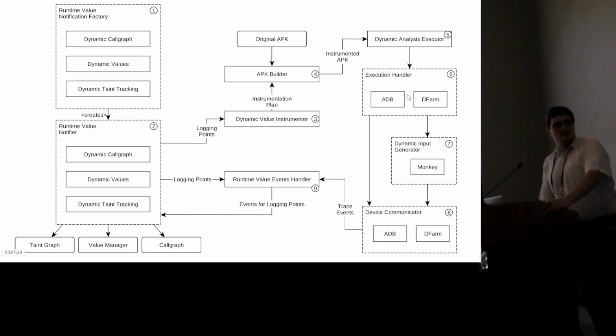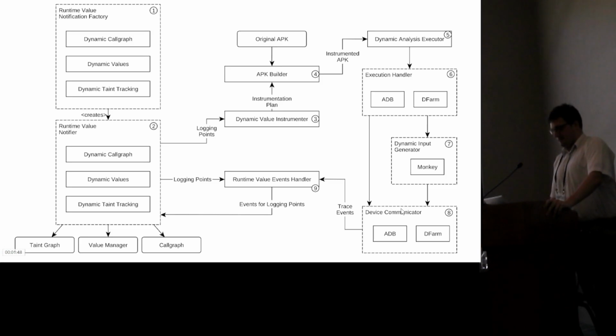And you can decide if you want to interact with the app by yourself, or you can use a dynamic input generator like Monkey in order to click in the app for you, so that you don't have to interact with each single application. The device communicator is instrumented into the app itself, and basically generates the interesting events. We will see some examples later.